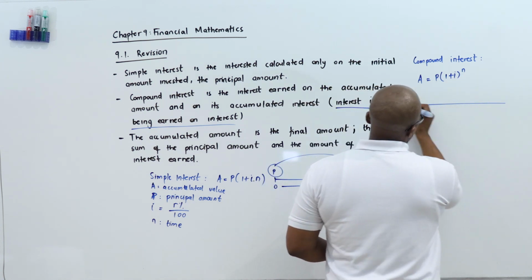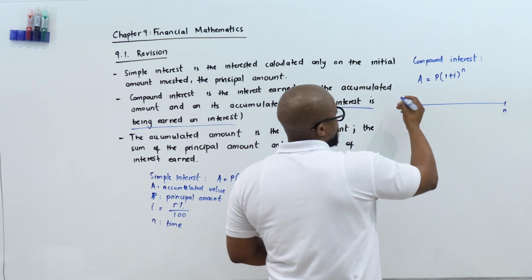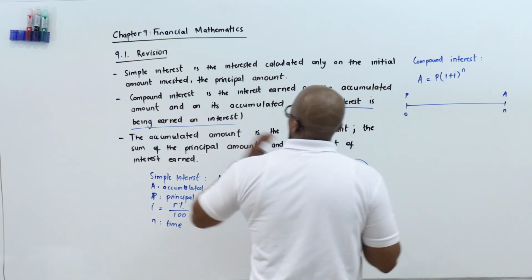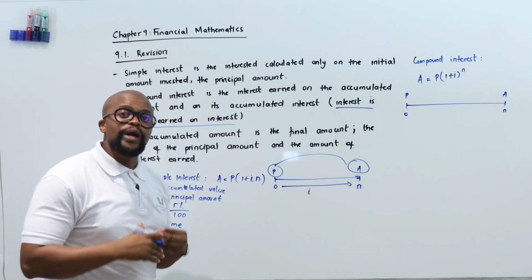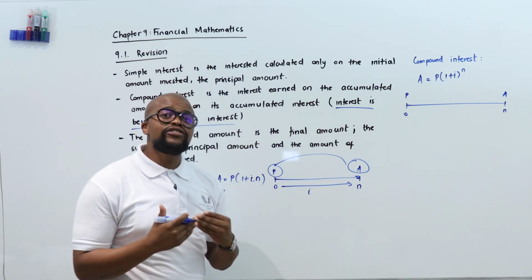If I were to draw a timeline for compound interest, that's P, that's A. So, by virtue of its definition, we are told that whenever we're dealing with compound interest, you have to earn interest on interest.